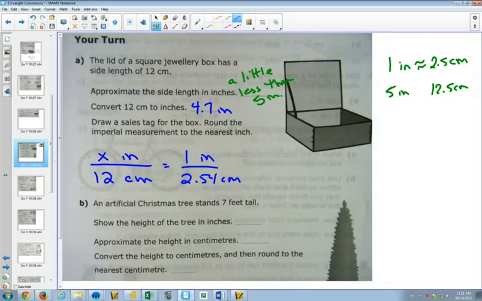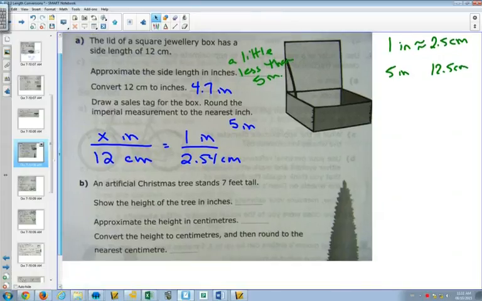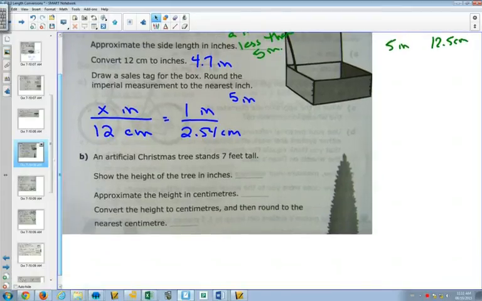So now, if we rounded it to the nearest inch it would be 5 inches. And you can draw a nice, pretty sales tag around the box. So that is how you could do part A. I'll let you work a little bit for part B, and then we'll go over that one in a second.